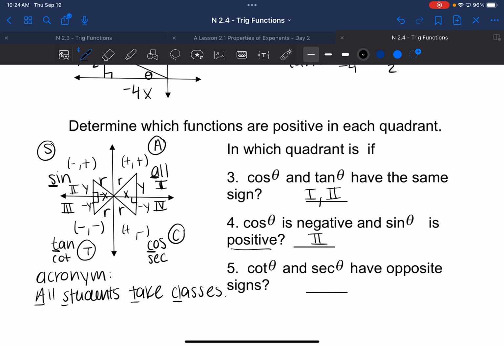Where one of them's positive and the other one's negative, where would that be true? 3. In 3, cotangent will be positive and secant will be negative. And where else? 4. Because in 4, the opposite's true: secant will be positive while cotangent will be negative.